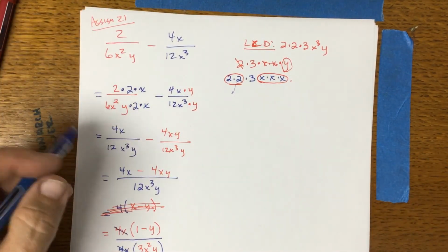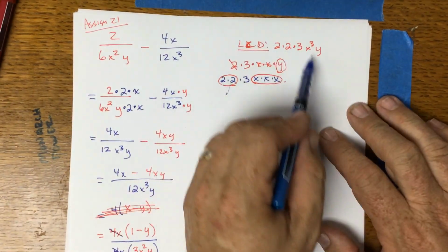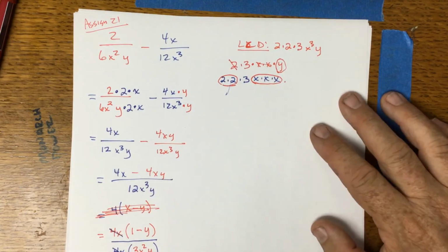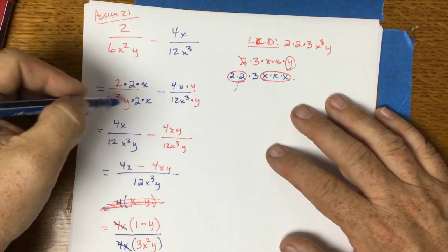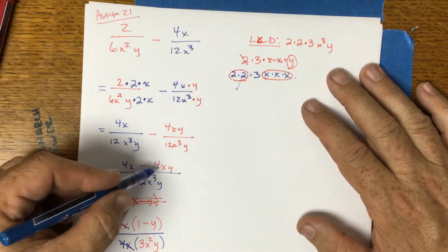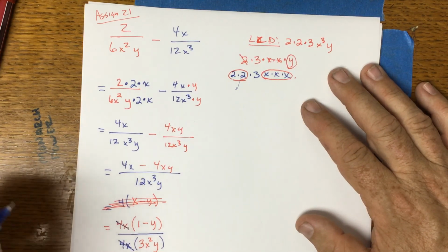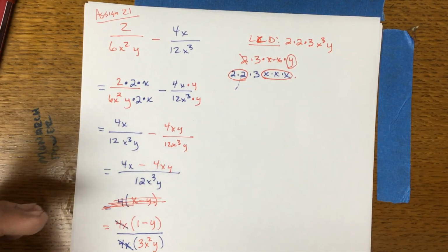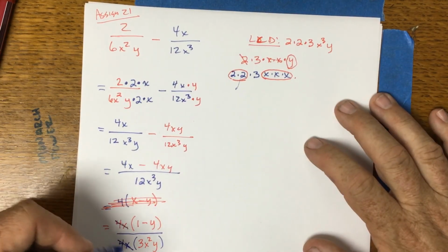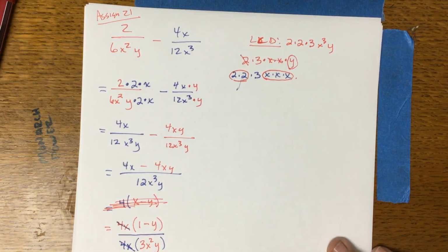So there's a bunch of different ways you could kind of tackle it. But the idea is that you want to tackle this by using lowest common denominators. Find out what you need, and at the end, is there anything you can factor out? If there is, you factor it out and you cancel it out, and you end up making it a simplified version by creating a 1. 4x over 4x is 1, so that's why they cancel out. So that's the help with assignment 21.